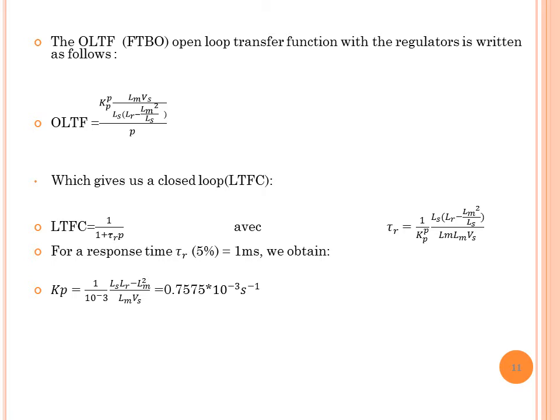For a response time at 5% equal to 1 millisecond, we obtain Kp equal to 0.7575 times 10 to the minus something, Ki equal to 53.5456 times 10 to the minus something.